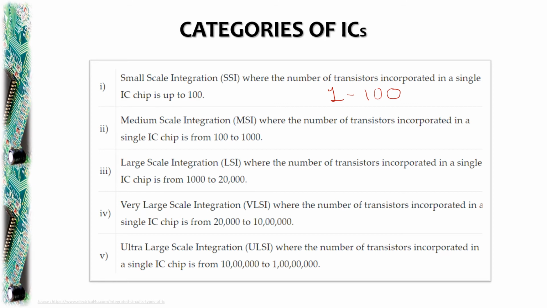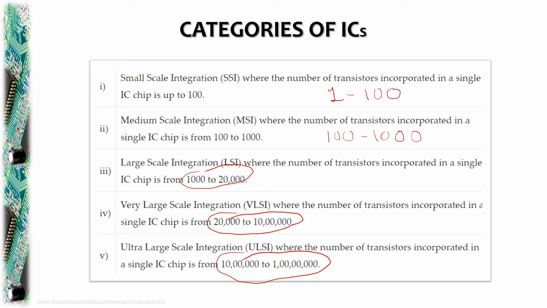If the number of transistors is between 100 and 1000, we call it MSI. Then 1,000 to 20,000, then 20,000 to 10 lakhs, and then 10 lakhs and more than 10 lakhs. So that is the ULSI.